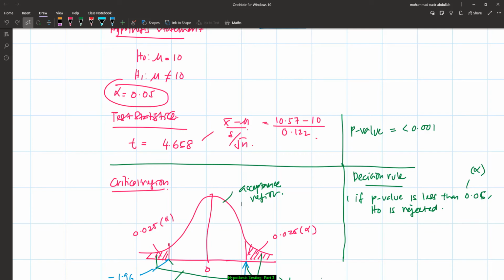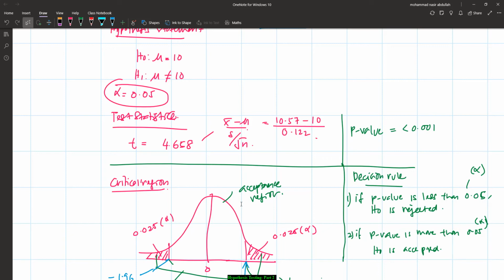So this is one rule. Second rule is if p-value is the opposite one lah, is more than 0.05, which is our alpha, right? Null hypothesis is accepted, right?